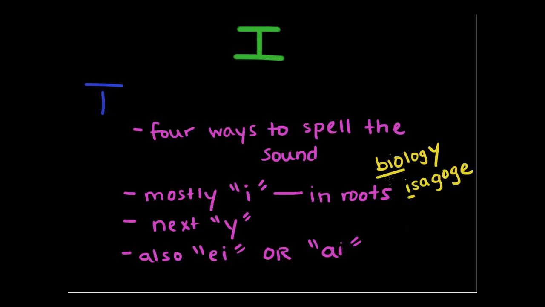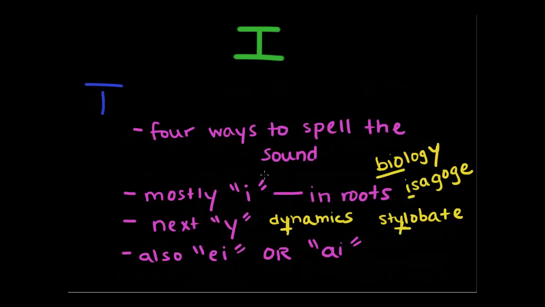So the roots again are gonna help us figure out if it's an I or a Y, as we see in dynamics. Dynamis means power. If you know that, you know this is a Y. Dynamics. Stylobate is another example. Stylo means pillar in Greek, so if you recognize that, you know it's going to be a Y here.